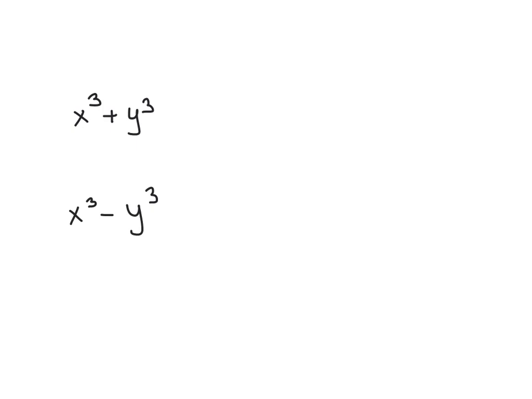Now, there's a shortcut or a way to do this, so you just kind of have to know, and here's what happens. You end up doing x plus y, and then it is x squared minus xy plus y squared.